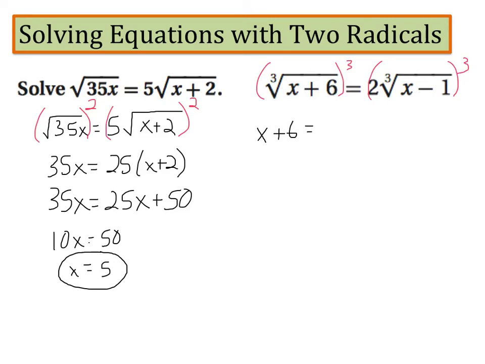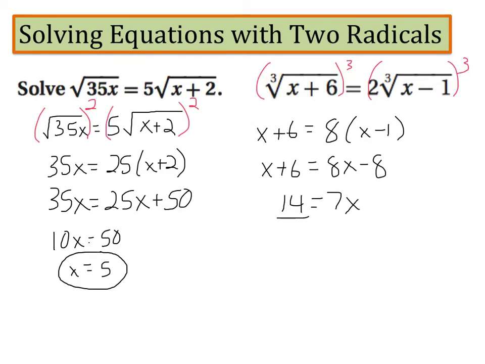And on the right side, I'm going to be left with 8 times x minus 1. Pretty simple algebra. x plus 6 equals 8x minus 8. Swing over this 8 to the other side, I'm left with 14. Subtract x from both sides, I'm left with 7x. Divide both by 7 and x equals 2.